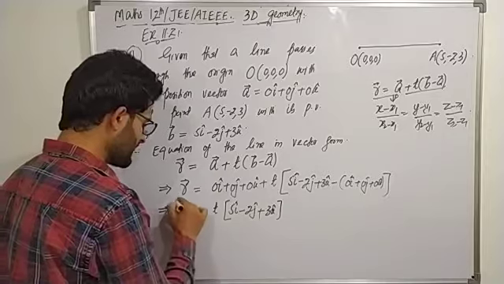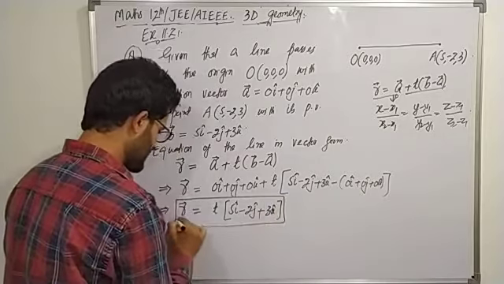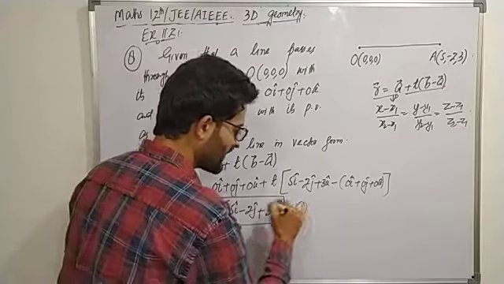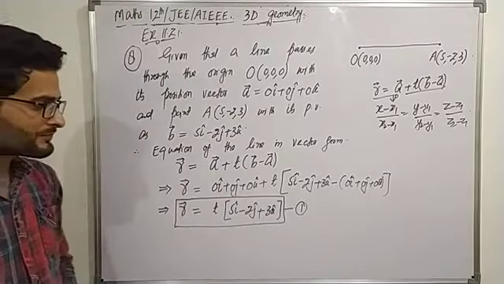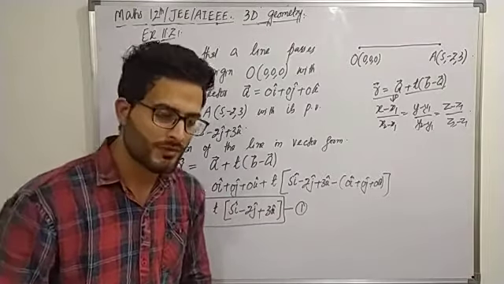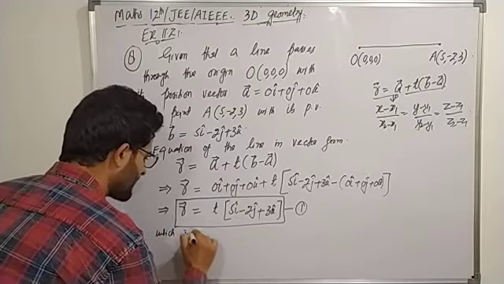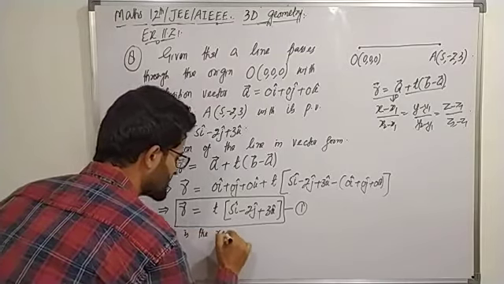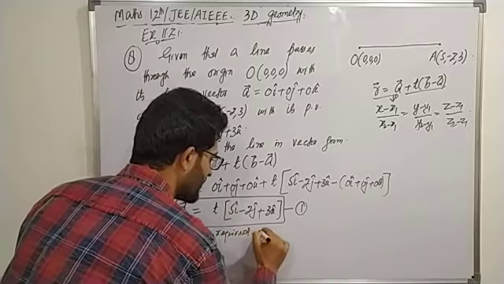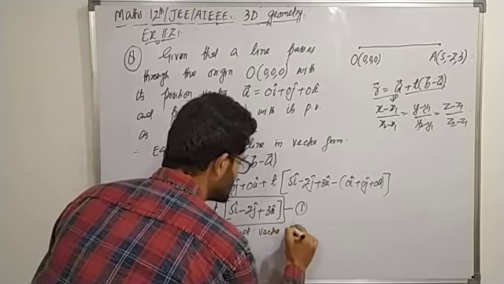So this would be the required vector equation of the line. We are keeping this equation as equation number first, which is the required vector equation.